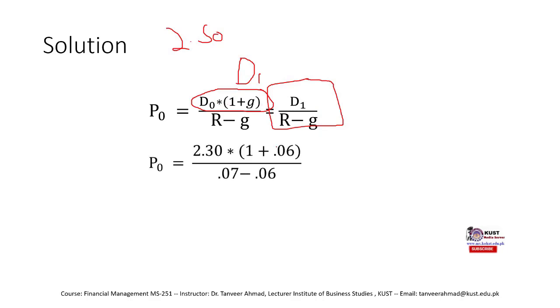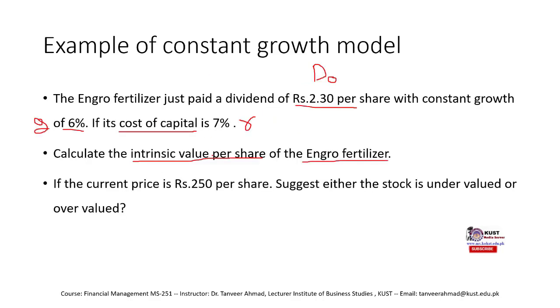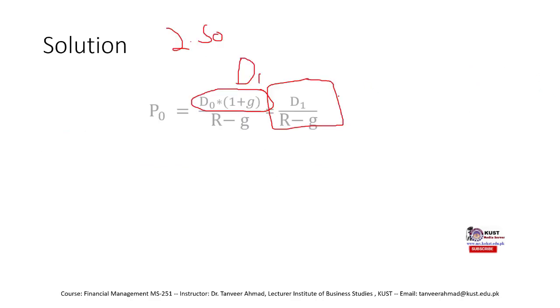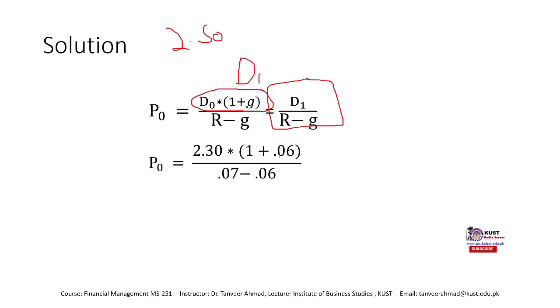So putting in the values, we know that for P naught, D naught in the previous example was 2.30, right? This is D naught. The D naught is 2.30. The growth rate is 6%, so 0.06, divided by R, the cost of capital, in this case 7%, minus G, which is again 6%.